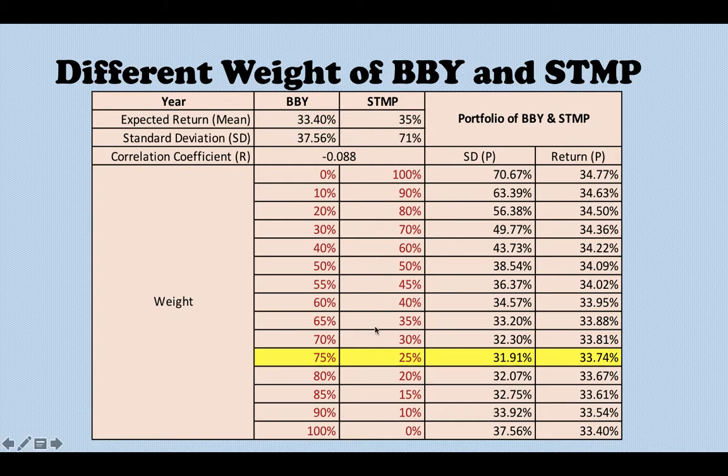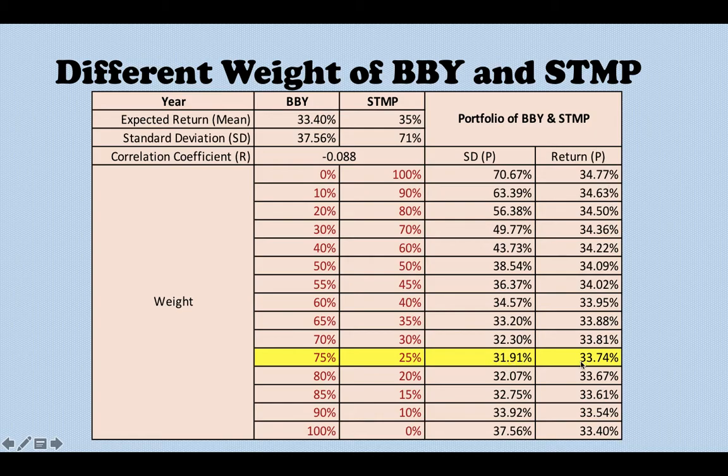If I continue to do this, we did the 50%, then I continue. Let's say I hold 75% Best Buy and 25% Stamp. This gives me a standard deviation of 31.91%. You can see this standard deviation is lower than Best Buy and lower than Stamp, so it reduced my risk significantly.